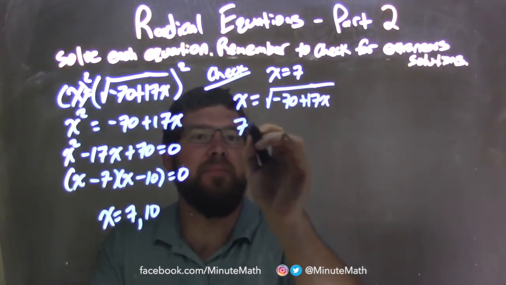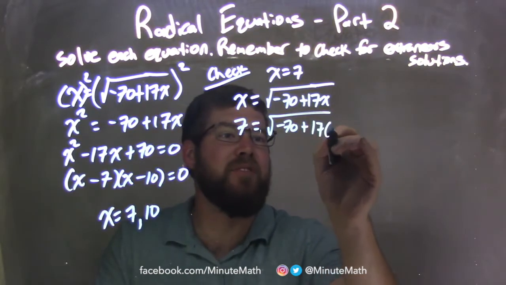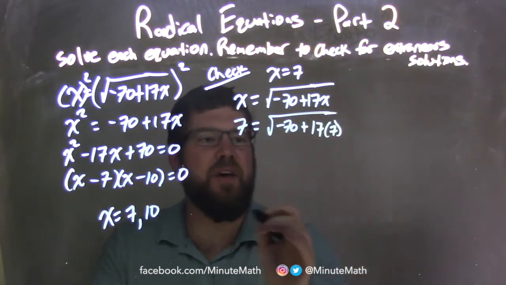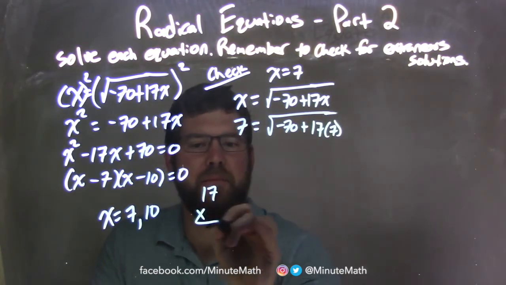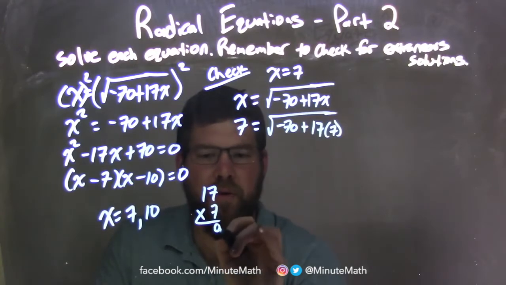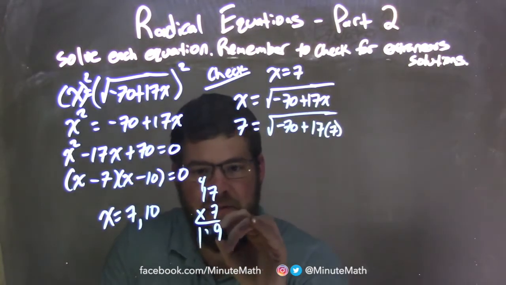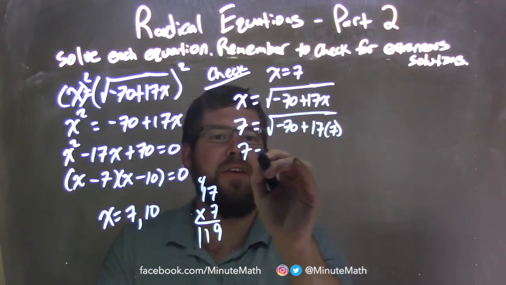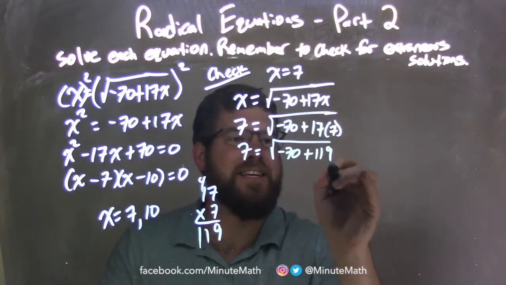So we plug 7 in: negative 70 plus 17 times 7. What's 17 times 7? 7 times 7 is 49. 7 times 1 is 7 plus 4 is 11. So we have 119. So we have 7 equals the square root of negative 70 plus 119.